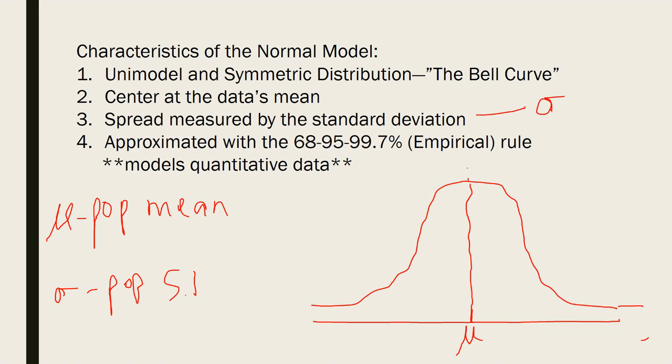And there are going to be a couple other letters that we're going to look at here. We're going to look at y bar. Sometimes it's x bar, but that's going to be a sample mean. And lowercase s would represent the sample standard deviation.